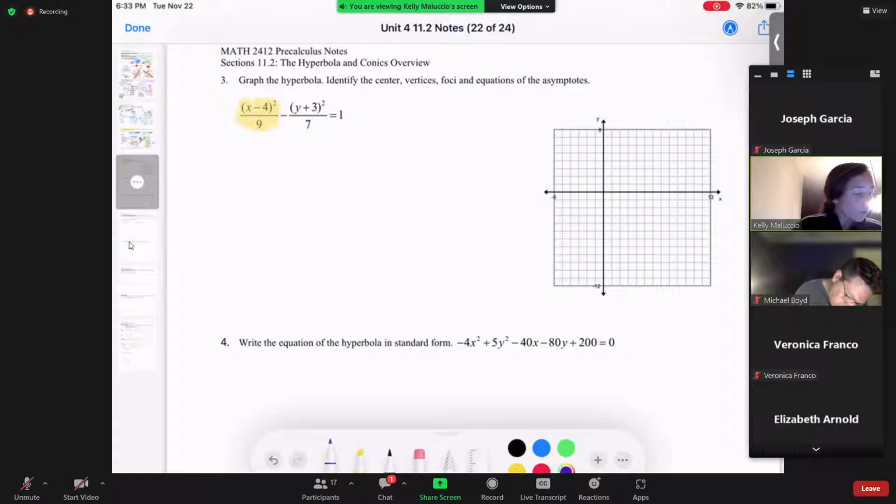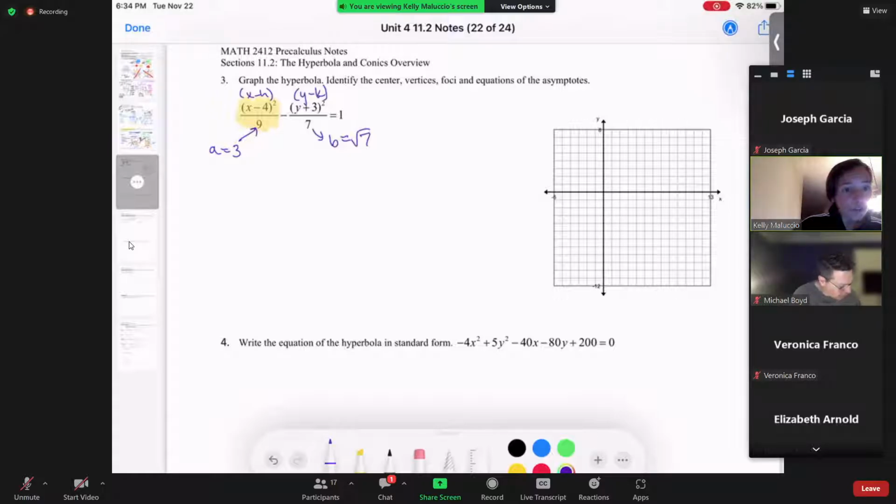So this is X minus H, this is Y minus K, and we can figure out what everything is. This is A squared, so A is 3, B is square root of 7, which is 2 point something. It's good to know just what it's between. So it's between 2 and 3. You don't need the actual decimal for now.